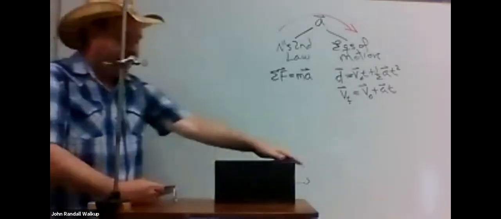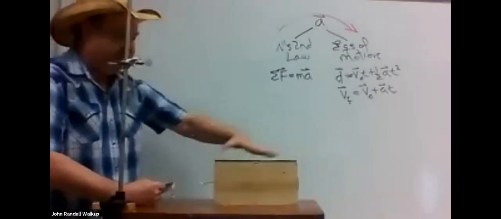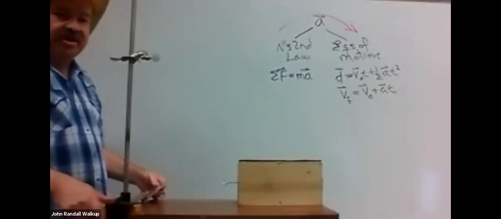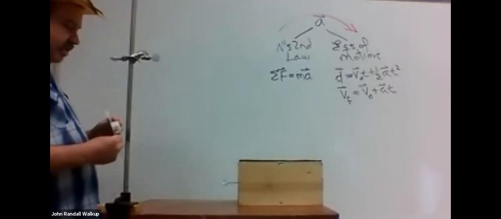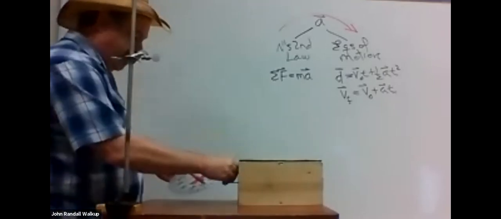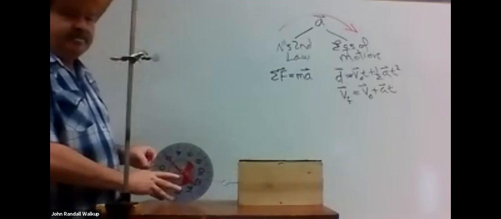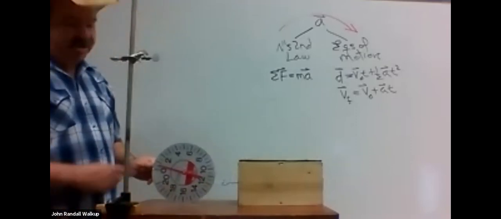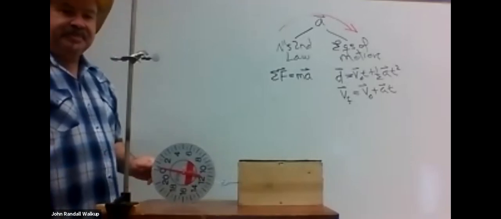Okay, so what I have here is a big box. It's fairly heavy, actually. And I'm going to attach a spring scale to it. Right now, this should be reading 0.